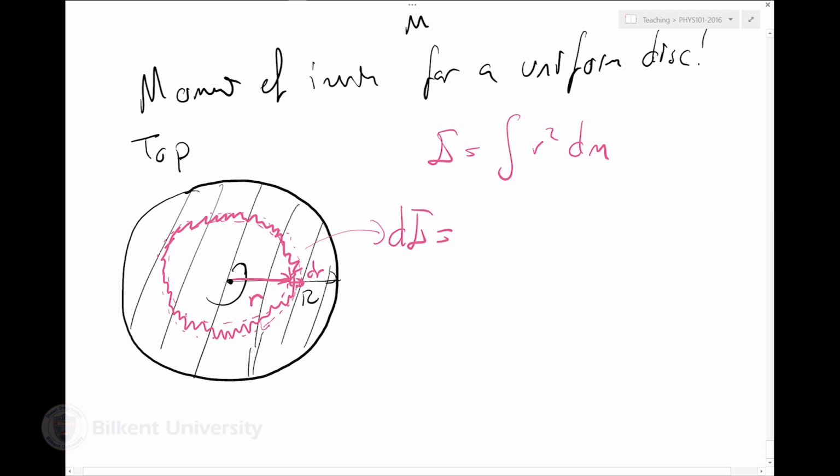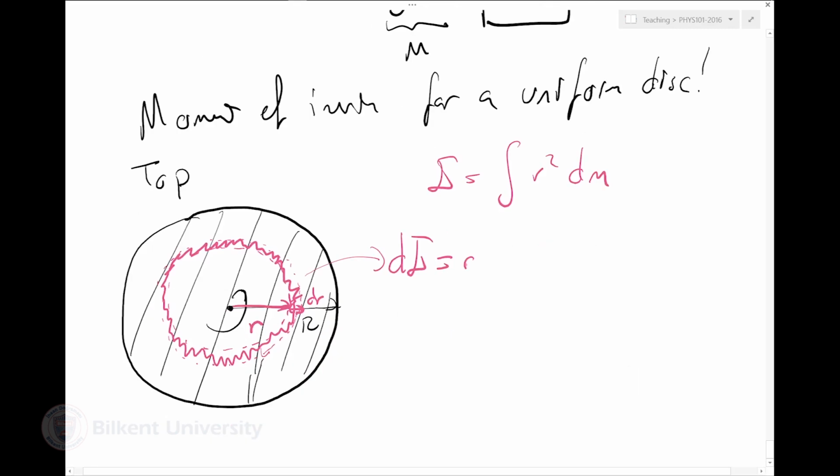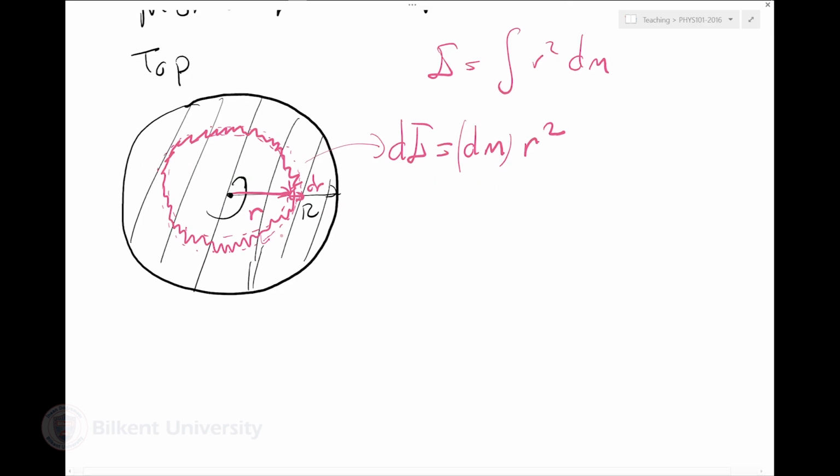We've just found it for a ring, it's m r squared, so it must be dm times r squared. So how about dm? How much mass is there inside that ring? Well, if I know the area of that ring, maybe again I can do this direct proportionality.